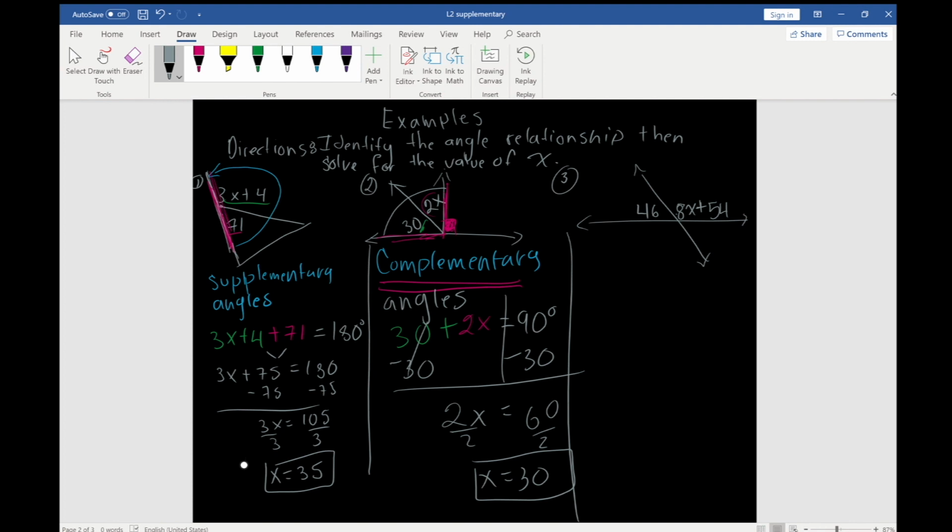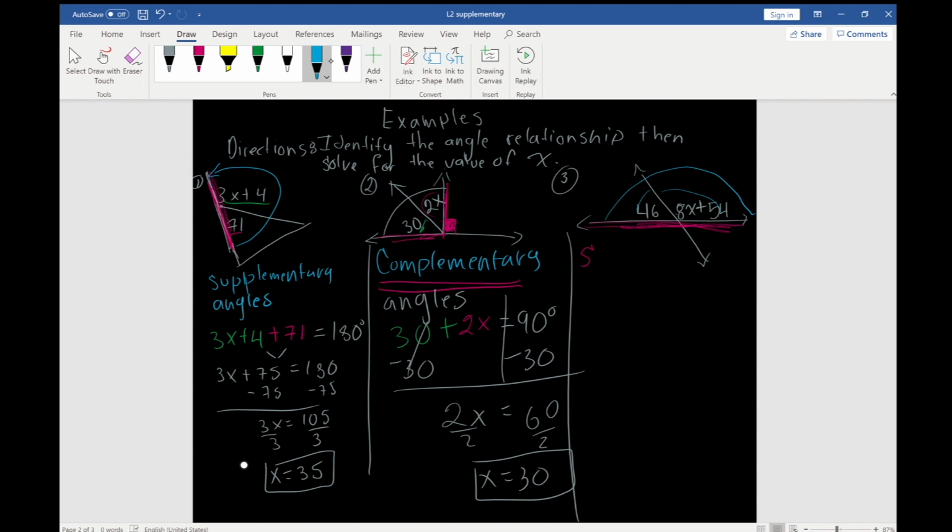Well, if you answered supplementary, you are right. In this case, let's look at this. So you're adding this angle and this angle. So together, they make a straight line, right? So this straight line right here is a straight angle. Therefore, it has to add up to 180 degrees. So this is going to be supplementary.